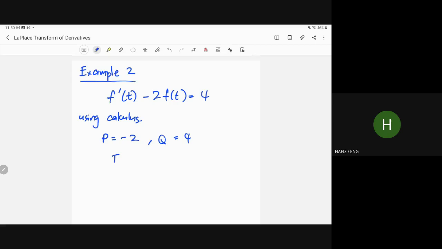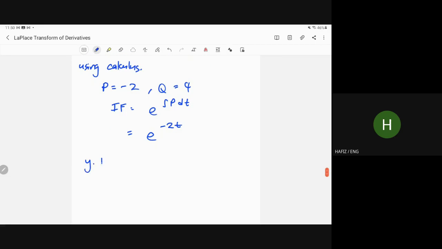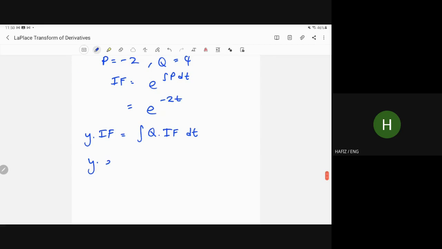and IF is equal to e to the integral of P dt, so e to the minus 2t. Okay, and then the solution using the magical equation is y times IF equals the integration of Q times IF dt. y times e to the minus 2t is equal to the integration of 4 e to the minus 2t.